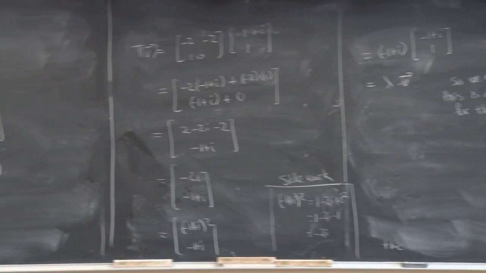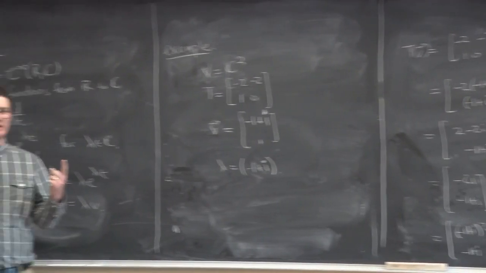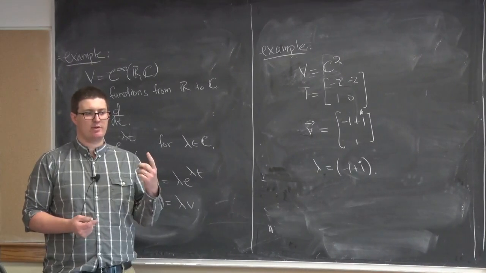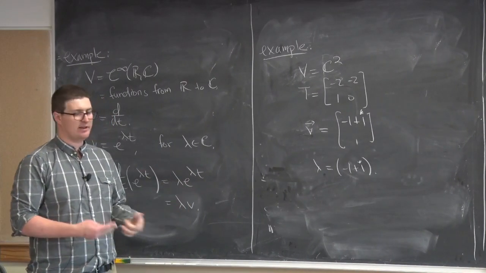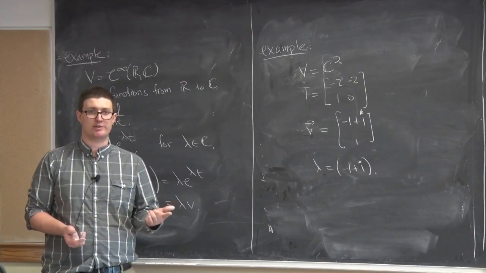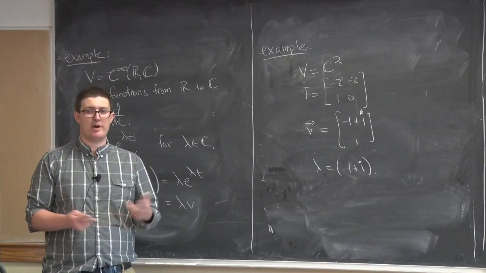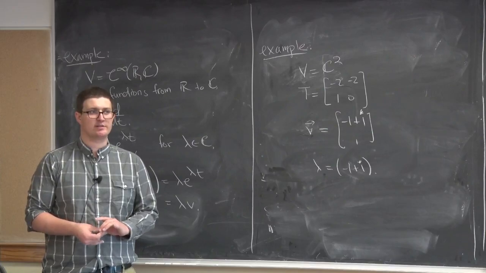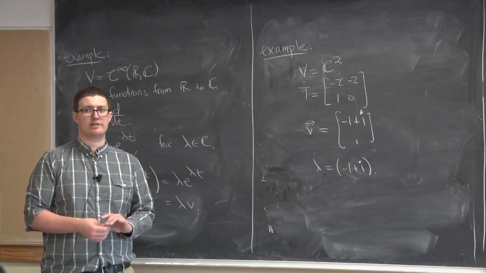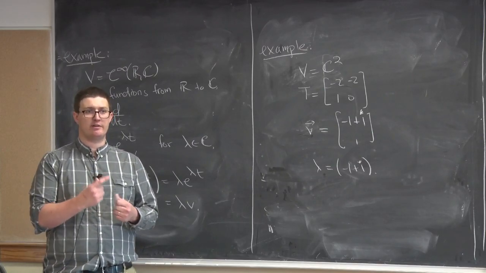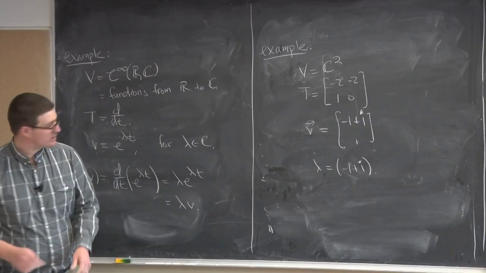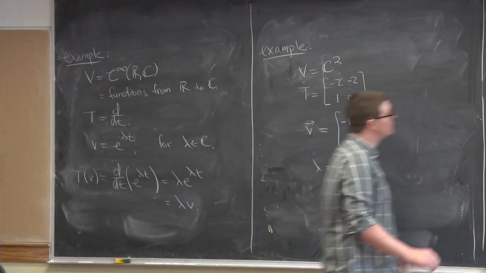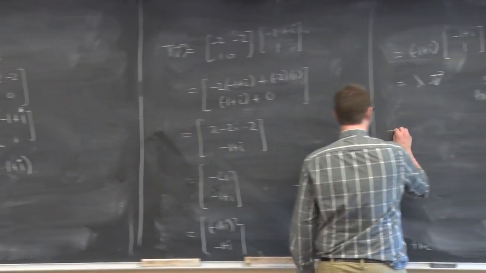One thing is that when you have a basis of eigenvectors, how can you use that to help you solve differential equations? That's one question we can answer. The other question is, when do eigenvectors exist? When can you have a basis of eigenvectors for a vector space in a linear operator? So there's two questions that I would like to address.